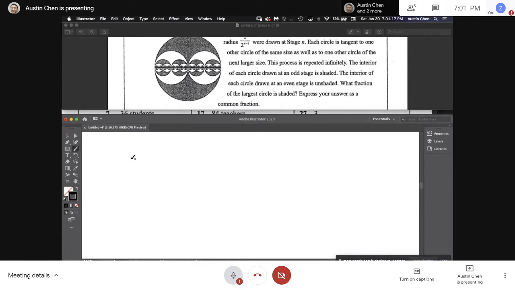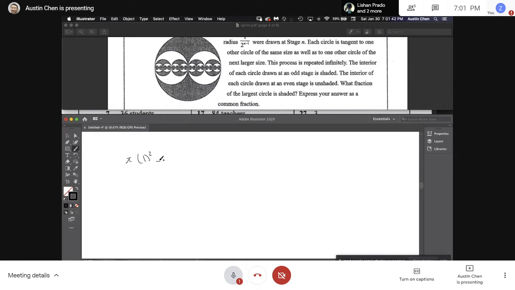So the area is just gonna be pi times 1 squared. And then we're gonna need to subtract the area of the second set of circles, and then add the area of the third set of circles. Then we're gonna subtract the area of the fourth set of circles, and we're gonna keep on doing that.